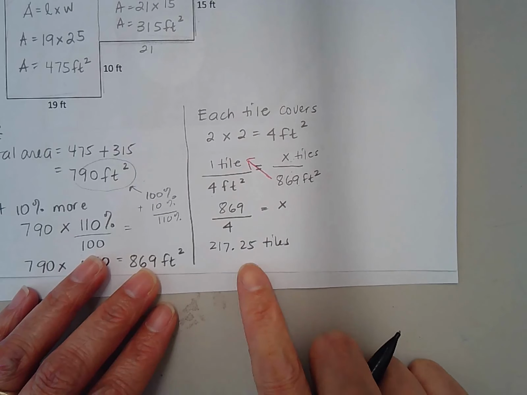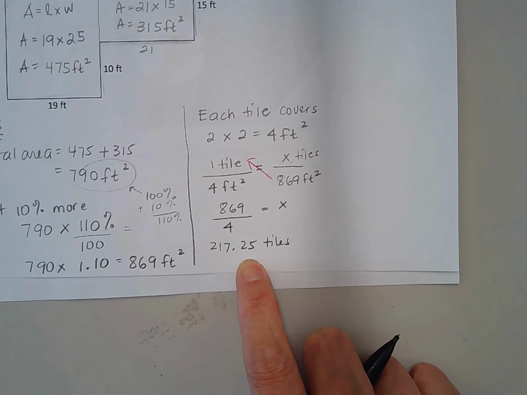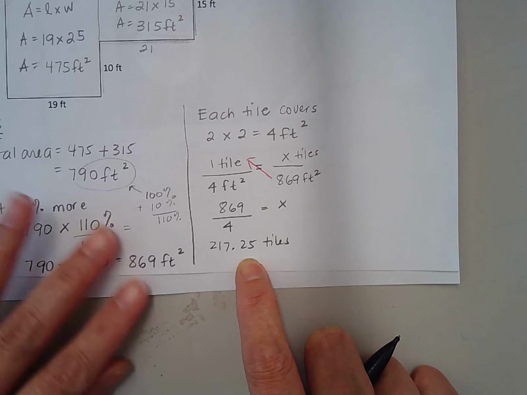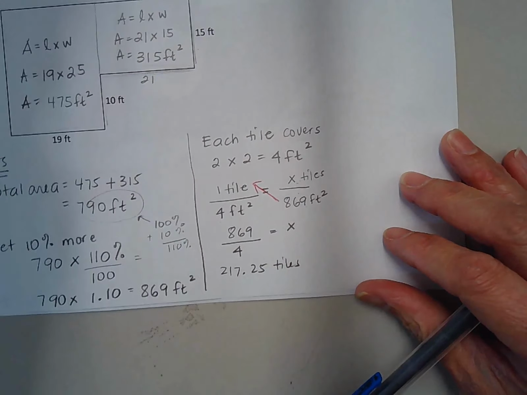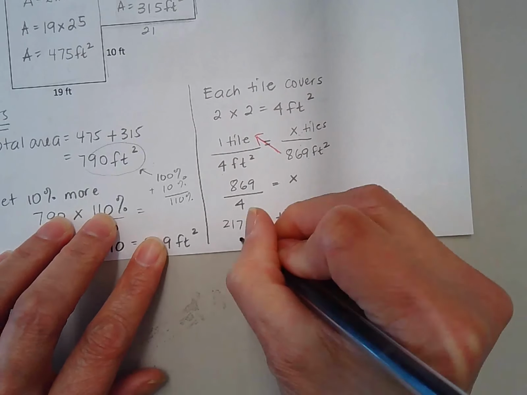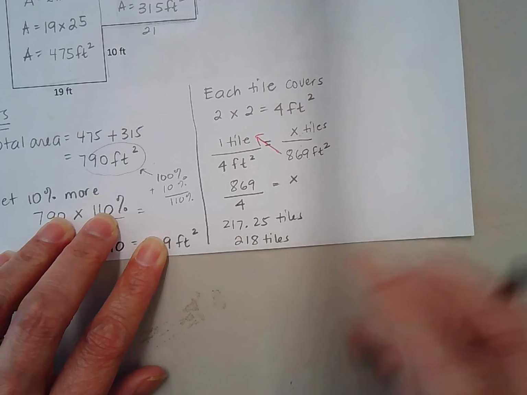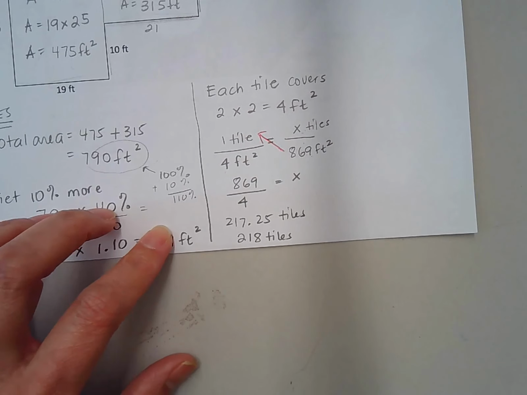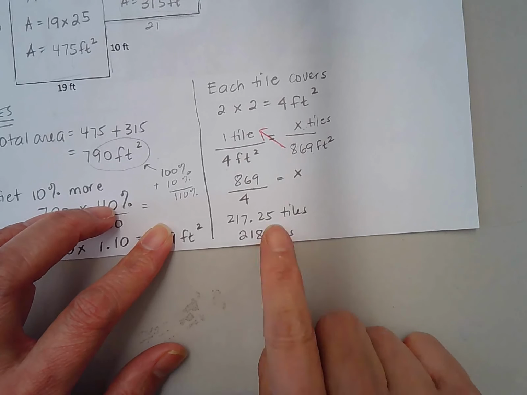That's a problem because technically you cannot buy 217.25 tiles. So what would be the appropriate thing to do? We could round it off to 218 tiles, because you can't go to the store, to Home Depot, and ask for a 0.25.